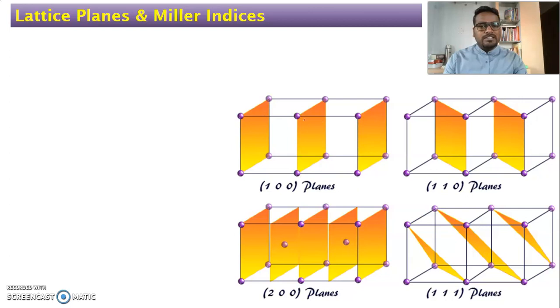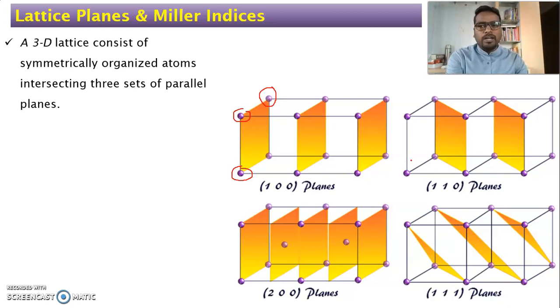In all these unit cells, you observe the lattice points. These lattice points are located at different positions along three Cartesian coordinate axes, and they form a plane in different directions, a plane in x direction, a plane along y, a plane along z axis.